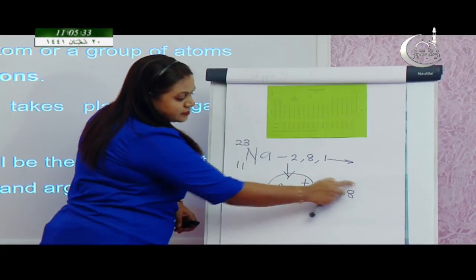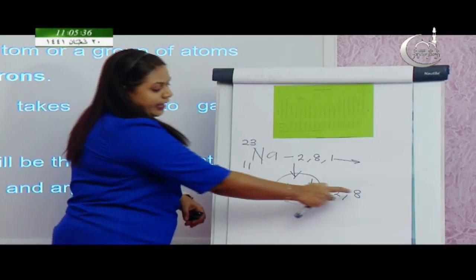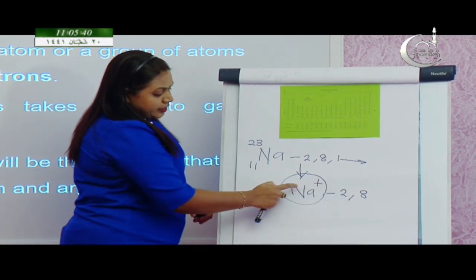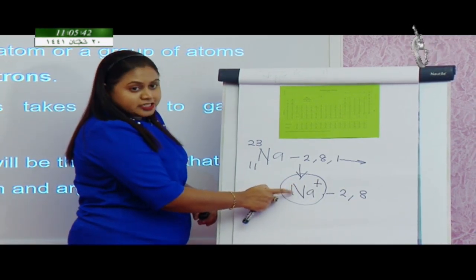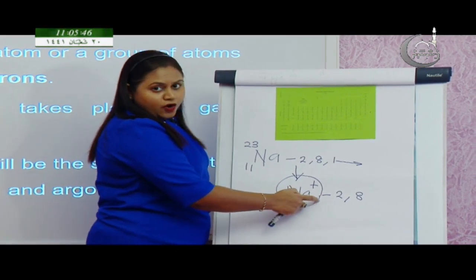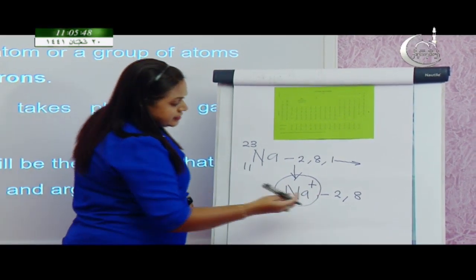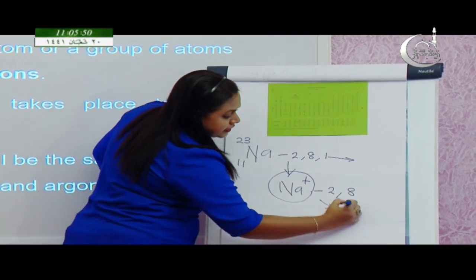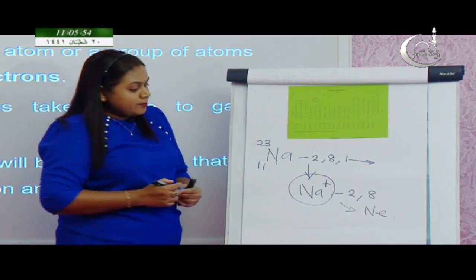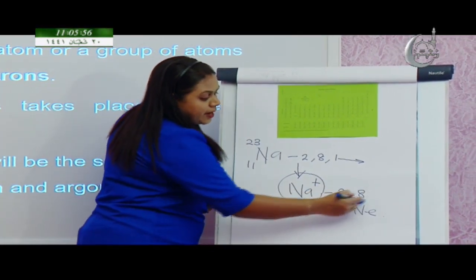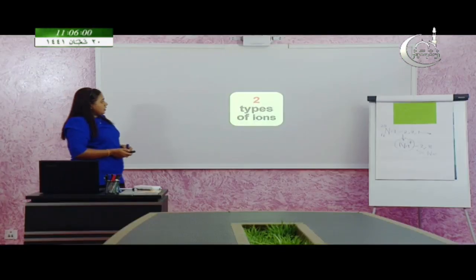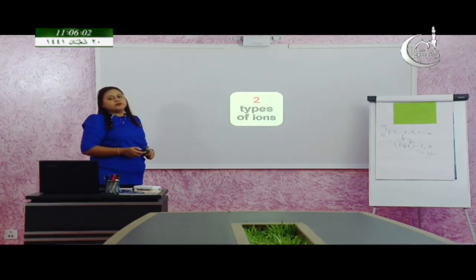Can you take a few seconds to check? 8 plus 2 is 10, right? So the noble gas which has an atomic number of 10 is neon. So this represents the electronic configuration of the noble gas neon because it gives a total of 10 electrons.